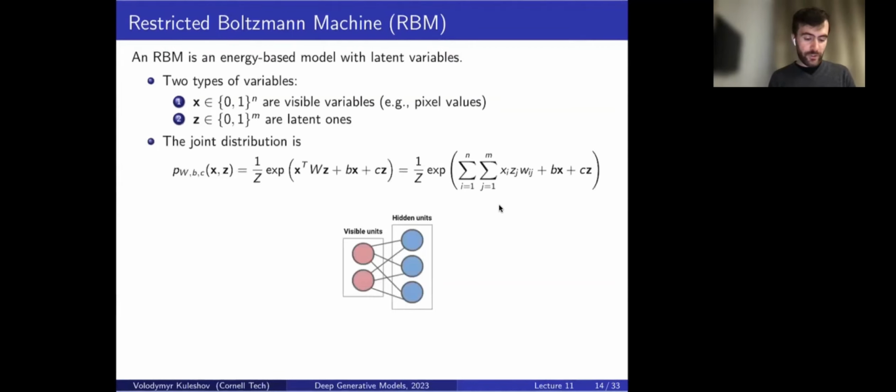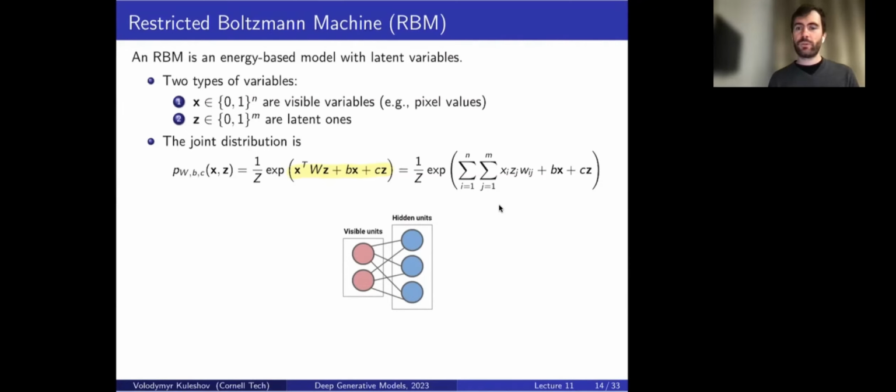And the form of the energy is the following. It's a quadratic function of x and z. So this is a classical model. It turns out it's actually surprisingly powerful for an energy which looks at first glance simple. It's just a quadratic.